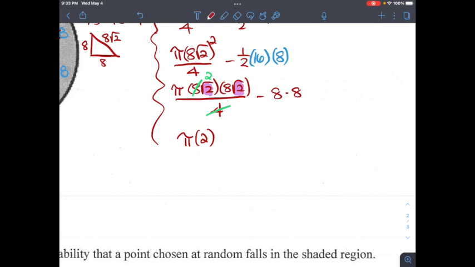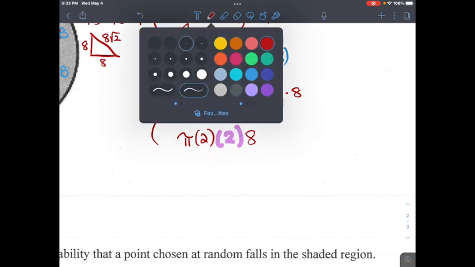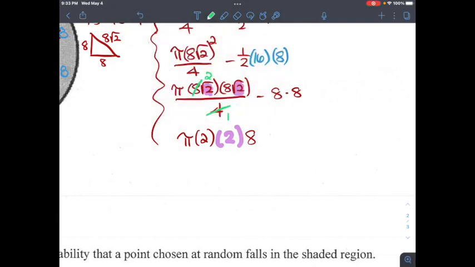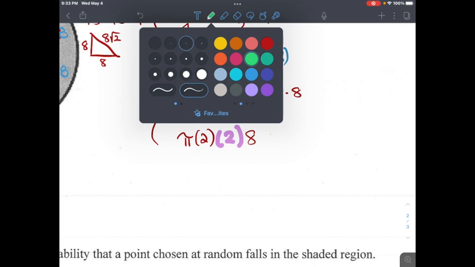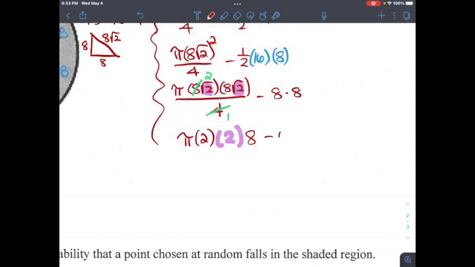So that's going to be my purple 2 from the reducing of the square root. Then you also have an 8 left. I hope that helps. Then the bottom is nothing because it's just 1. So I'm going to leave it minus 64, which is 8 times 8.